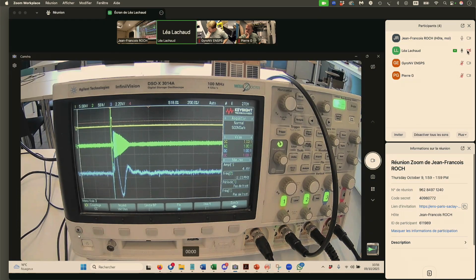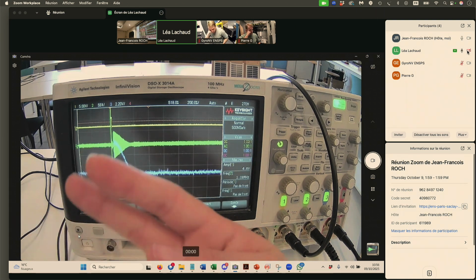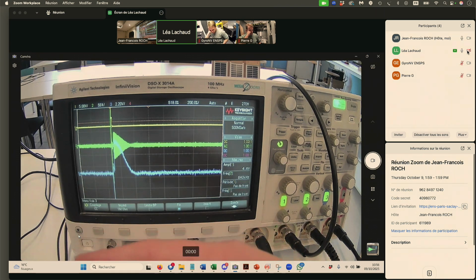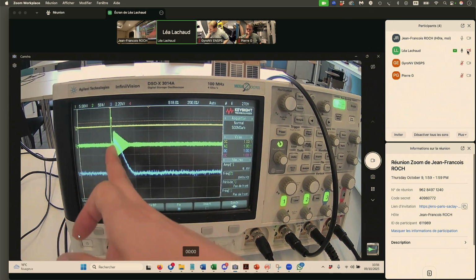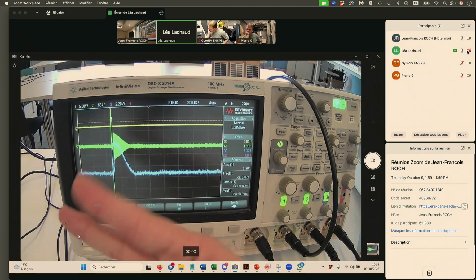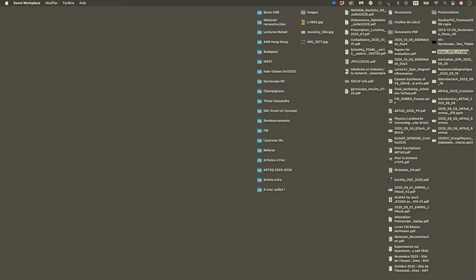And this beat phenomenon disappears when I'm perfectly on resonance, okay? Meaning when my oscillating signal, the 15 megahertz exciting wave, is perfectly at the normal frequency of the free induction decay. Then mixing these both signals.